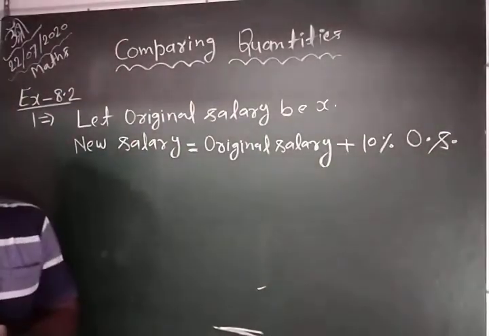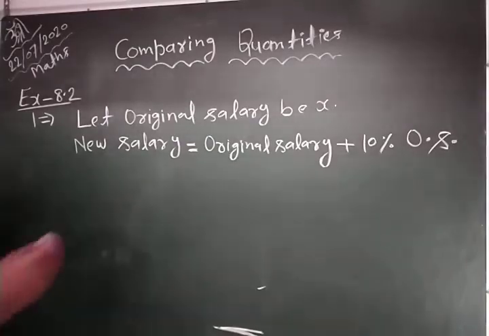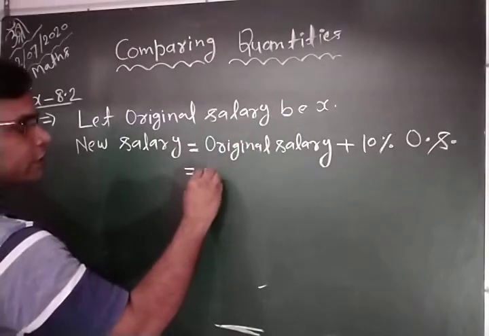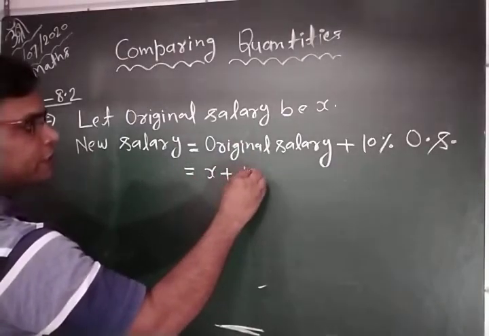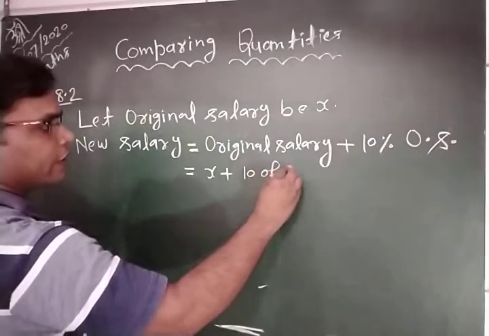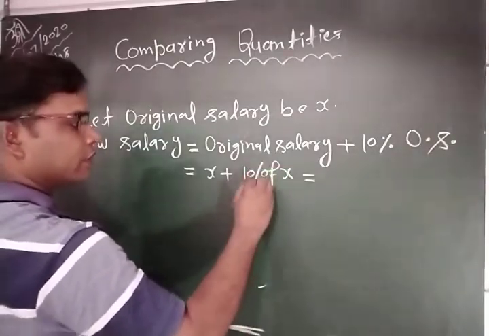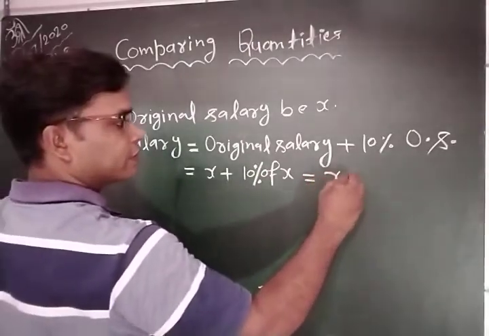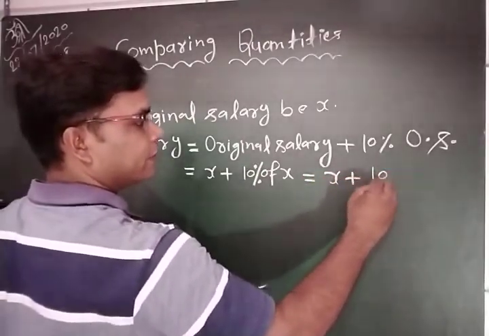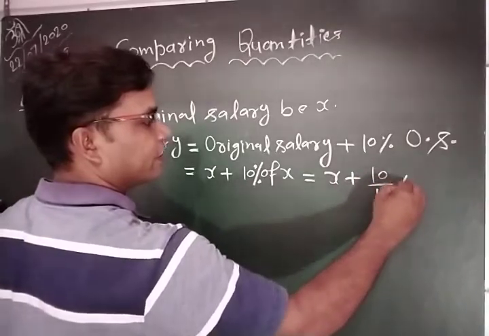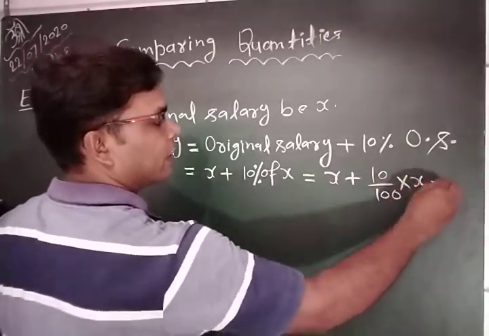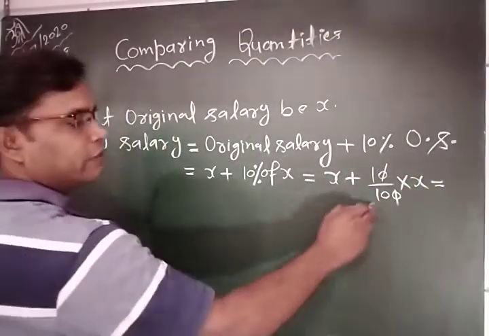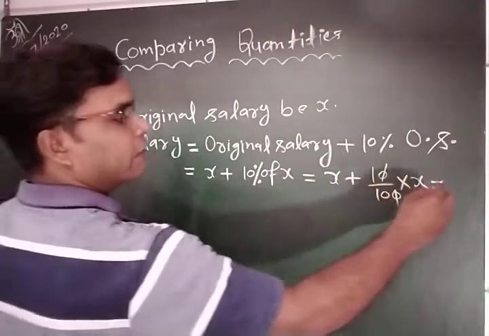So here, the new salary is original salary plus 10% of x. This is equal to x plus 10 by 100 into x, or you can cancel it. 10 plus 1 is 11, so 11x by 10.